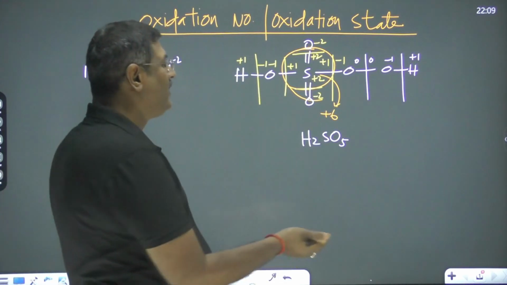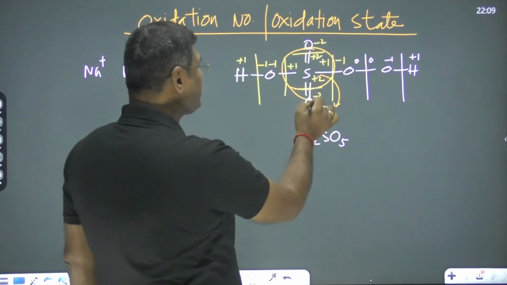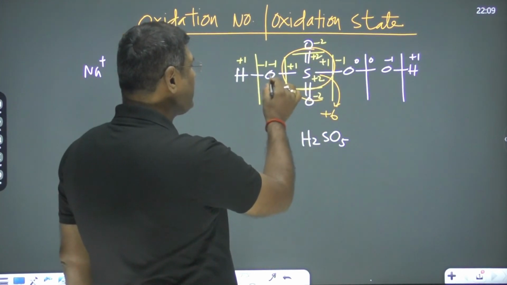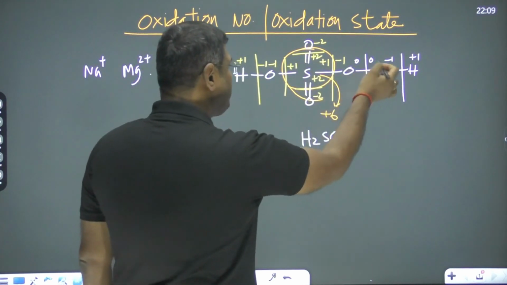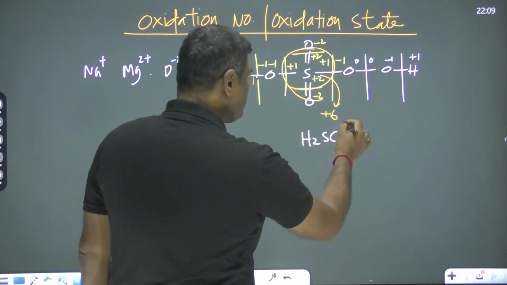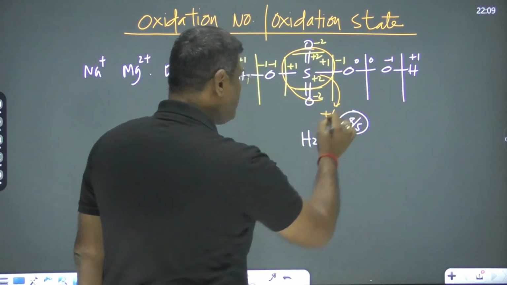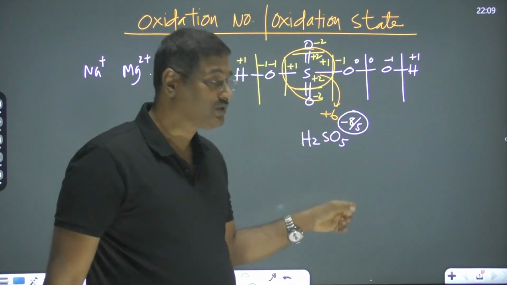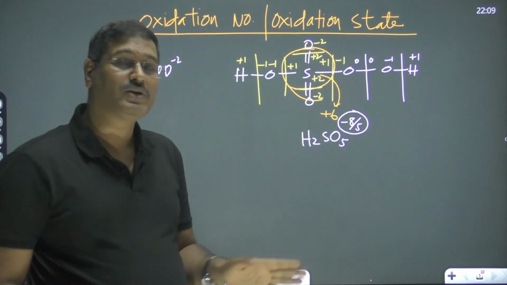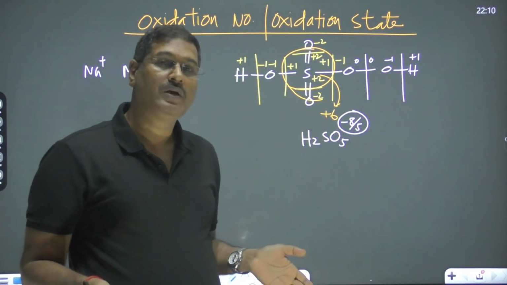Oxygen is minus 2, minus 2, minus 4, minus 6, minus 7, minus 8. So this is minus 8 by 5. This is the oxidation state of oxygen in H2SO5. We have taken the average.